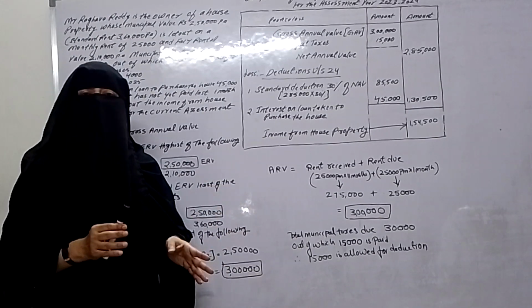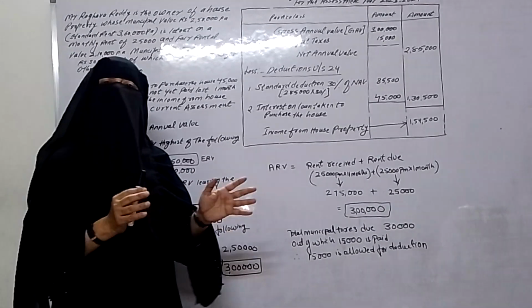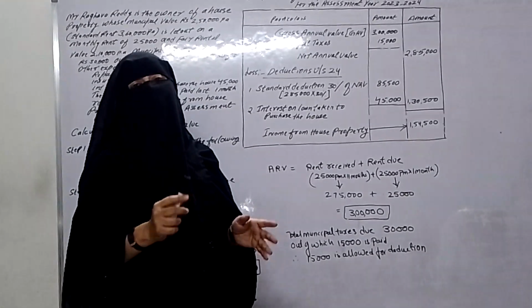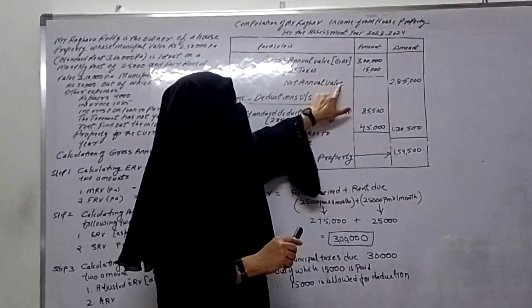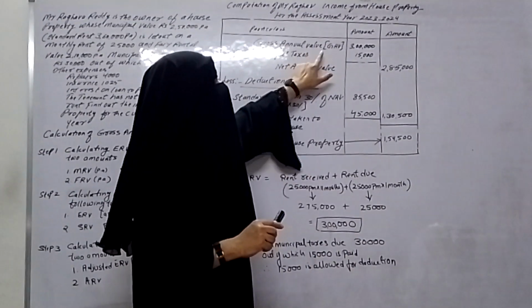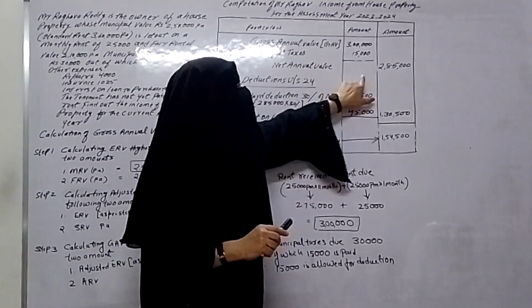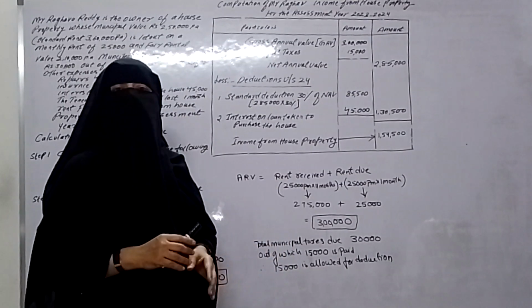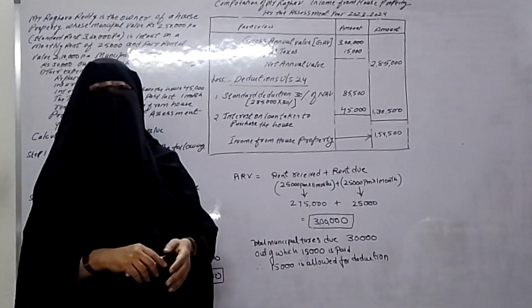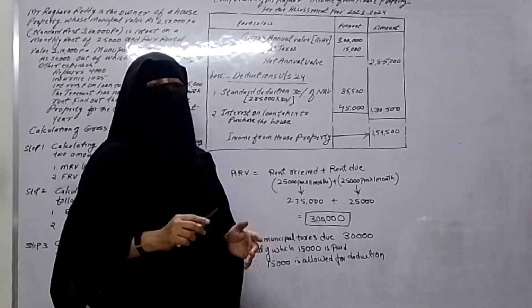So the 15,000 which is paid is allowed for deduction. So 3 lakh minus 15,000 municipal taxes paid, outer column 2,85,000.